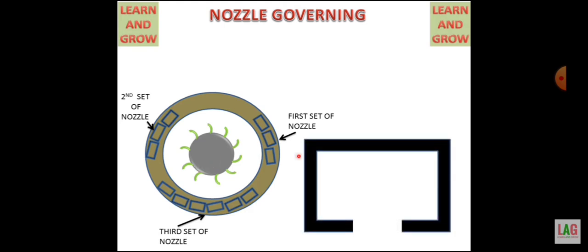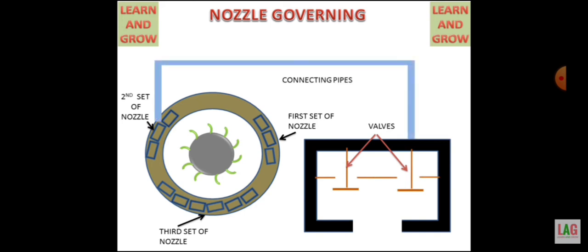This is the inlet for steam, and these are the valves for operating steam. This is connected to the impulse turbine nozzle sets with the help of pipes. The first set is connected, the second set is connected, and this third set is connected directly.